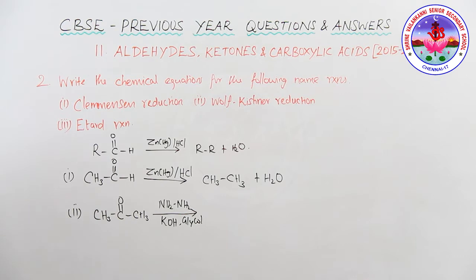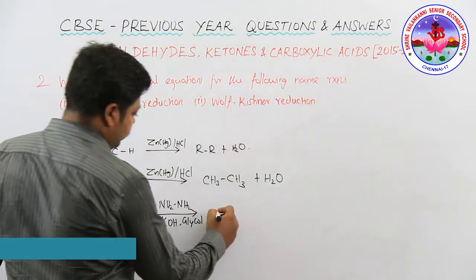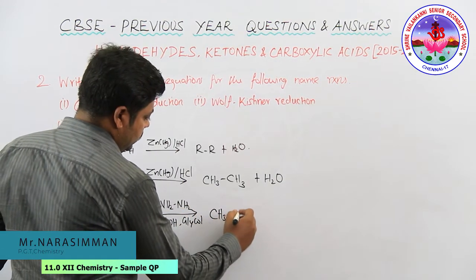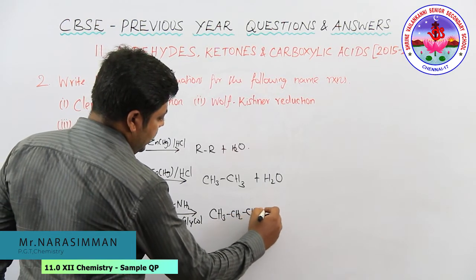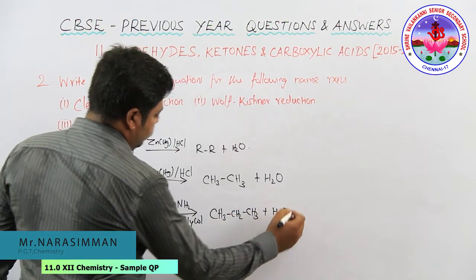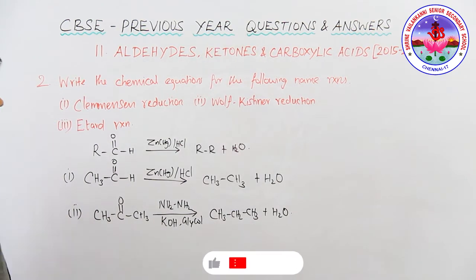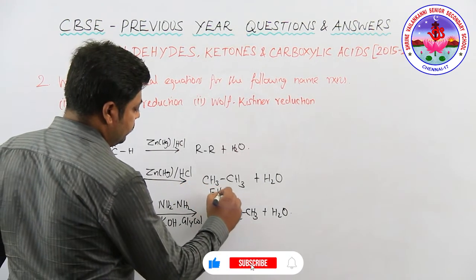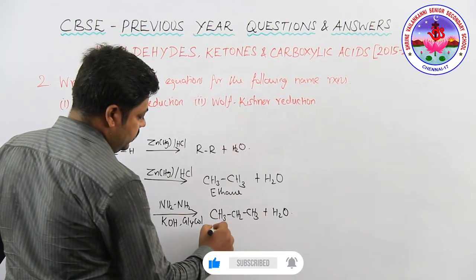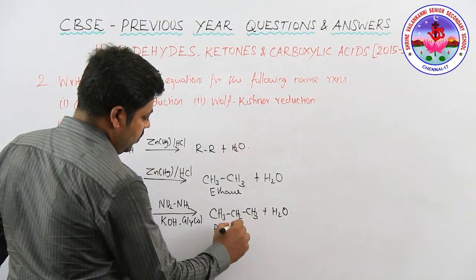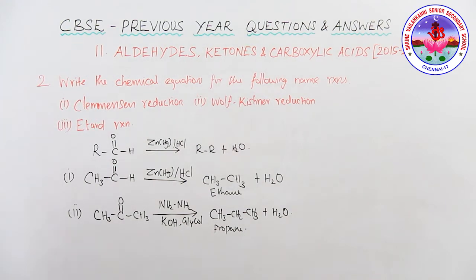This also converts to alkane only, an alkane and a water molecule, CH3CH2CH3 plus H2O. So the first one gives ethane, the second one gives propane. So these are the Clemmensen and the Wolff-Kishner reductions. Both reactions undergo a reduction process.